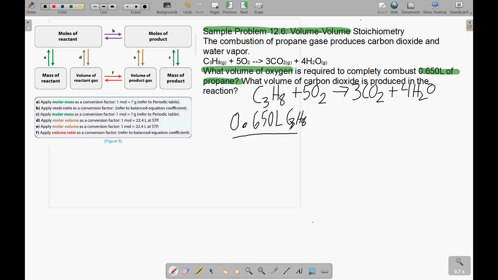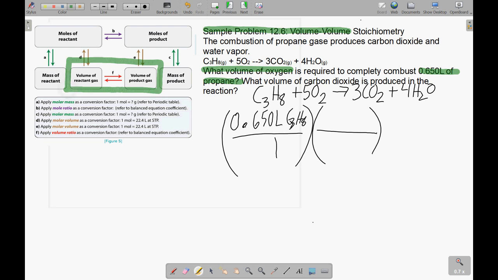Now, what we're doing here is we're going to go from volume of one gas to a volume of another gas. So we can use the volume ratio similar to the way we use the mole ratio from the equation.